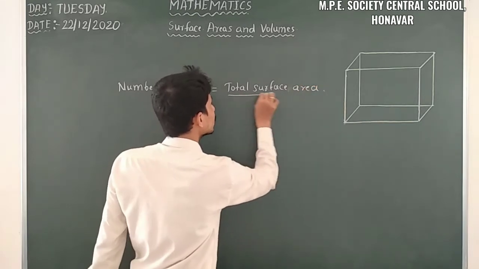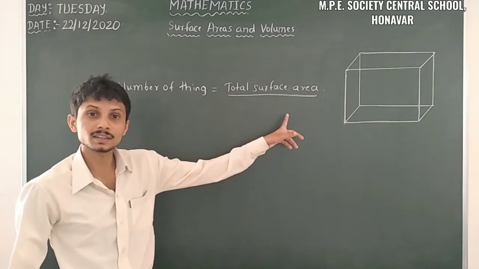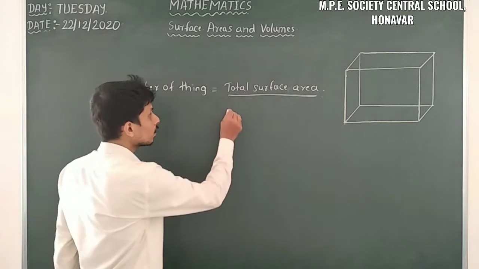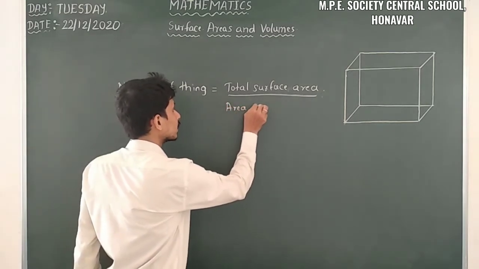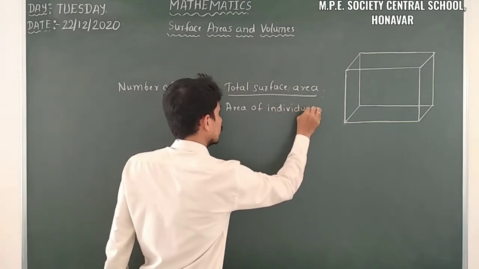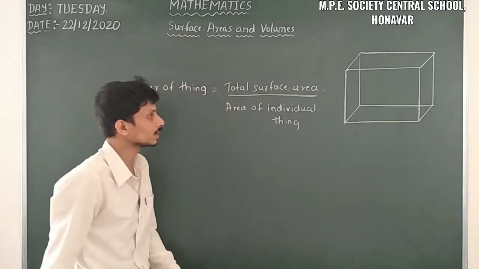Then divided by the area of the individual thing. So the surface area of this individual thing we have to find out.